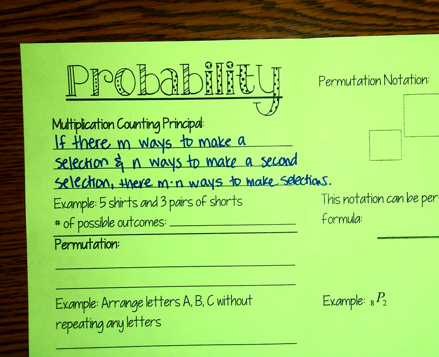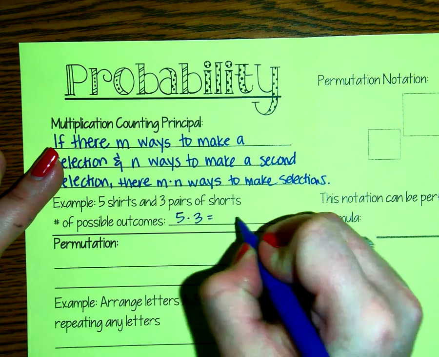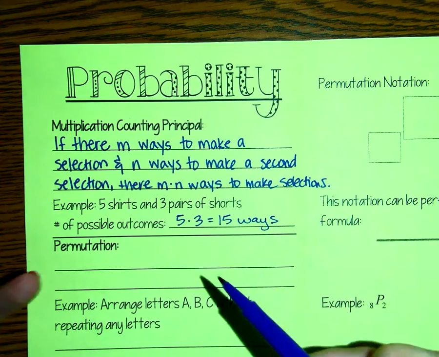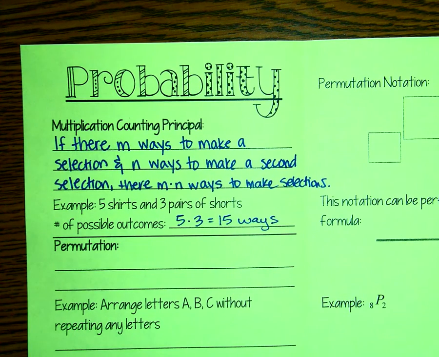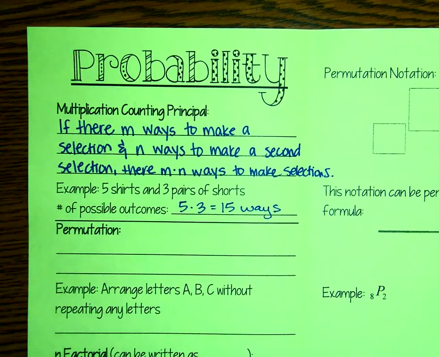So the number of possible outcomes comes from 5 times 3, so there are 15 different ways for you to select 1 shirt and 1 pair of shorts. You're just multiplying the amount of choices that you have. That's also how you figure out how many combinations a padlock can have.